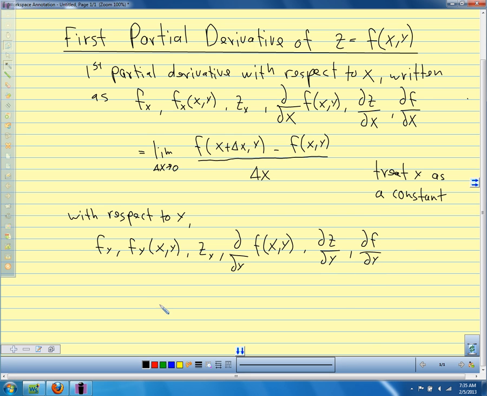All of these mean the same thing. Our definition is the limit as delta y approaches 0 of f of x, comma y plus delta y. So we're just letting y change, minus f of x, y, over delta y.